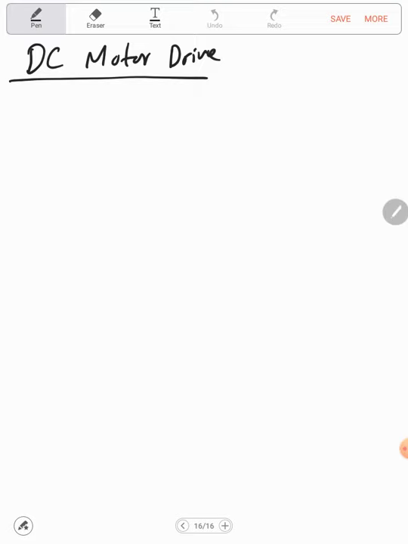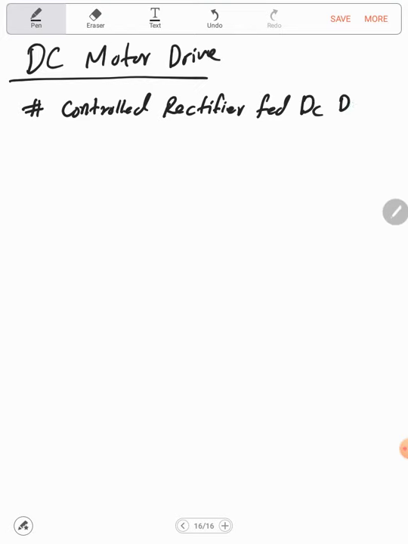So to do so, we need power electronics. For example, the first thing here we'll discuss is the controlled rectifier fed DC drive, and this is limited, let's say, to 15 kilowatts. So let's assume that we have the machine.